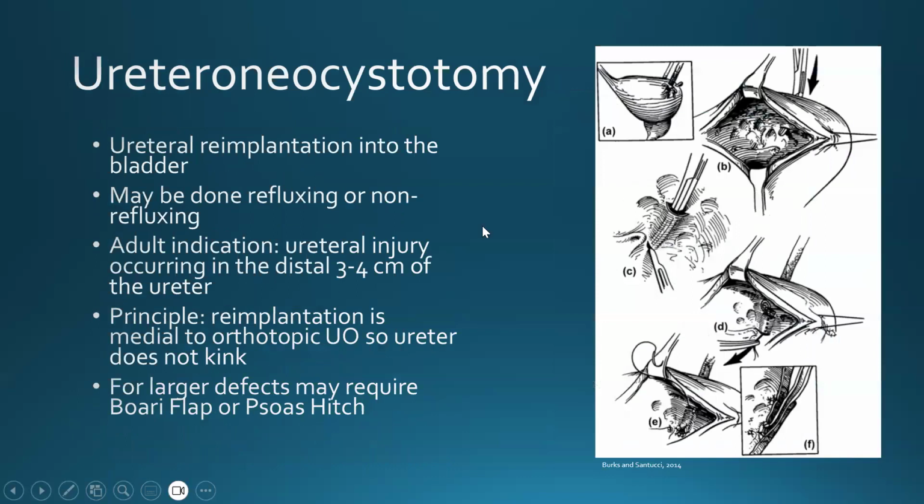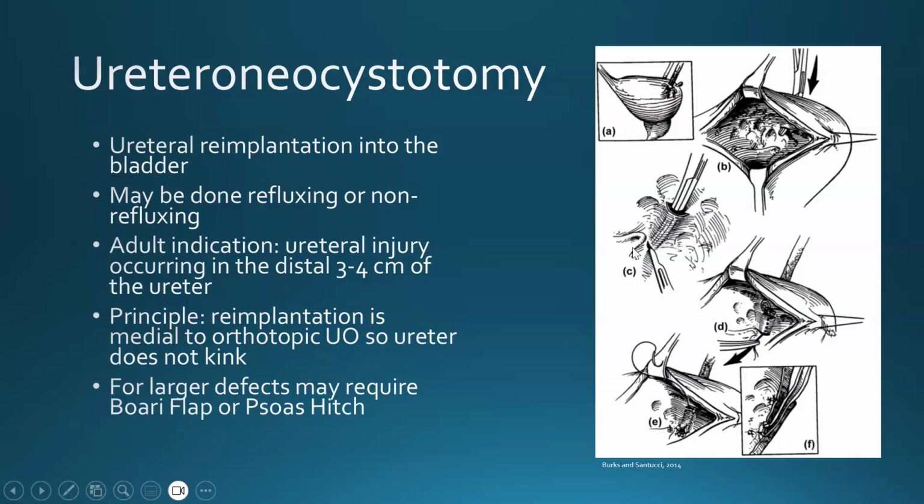The next procedure is a ureteroneocystotomy. This is ureteral reimplantation into the bladder, and this can be done in either a refluxing or non-refluxing fashion. The figure to the right here is depicting a non-refluxing ureteroneocystotomy. The bladder is incised, and then a submucosal tunnel is made, and then that ureter is anastomosed into that tunnel, and the bladder is closed.